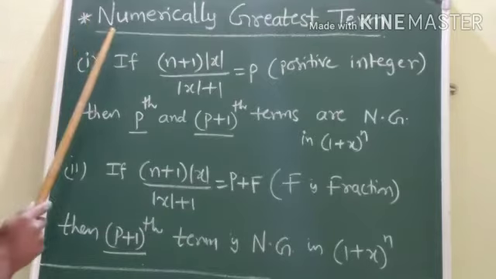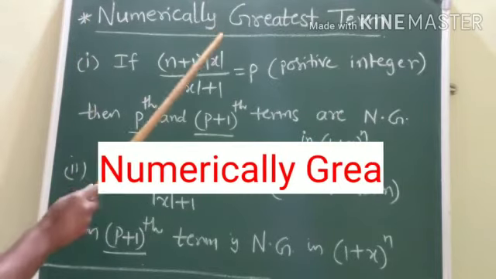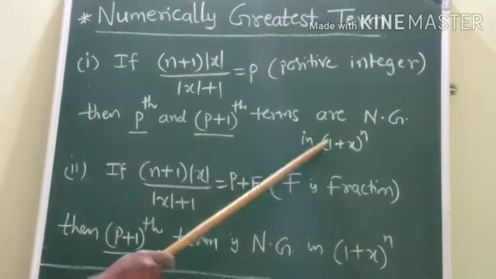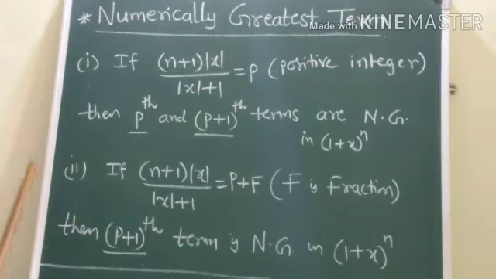Now let us discuss the numerically greatest term in the binomial expansion (1 + x)^n. Here numerically greatest term means the biggest term in the binomial expansion.